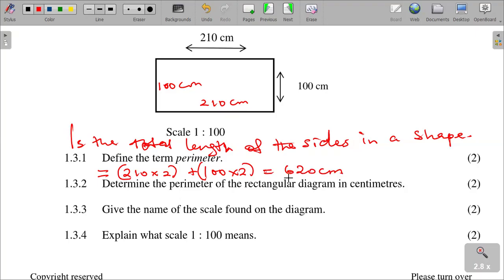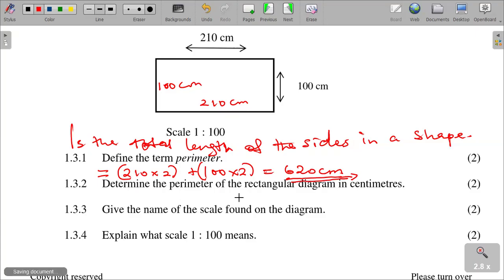That is the perimeter of the shape, because the opposite sides are equal. And then give the name of the scale found on the diagram.